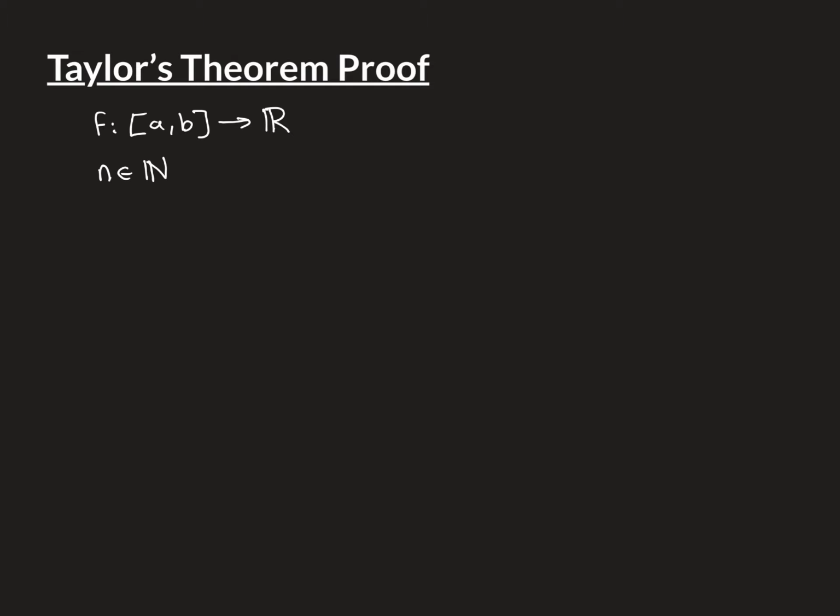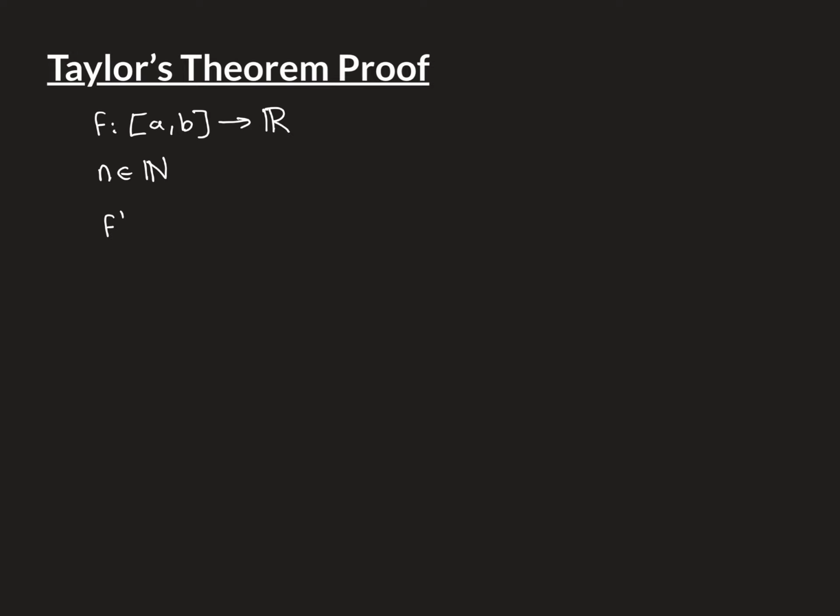In which case you'll have to do a lot of differentiation, but it doesn't matter. Taylor's theorem is going to apply for all of the natural numbers. So we have our general natural number little n, and given that natural number, we're now going to require that our function be n times differentiable everywhere on the closed interval from a to b.